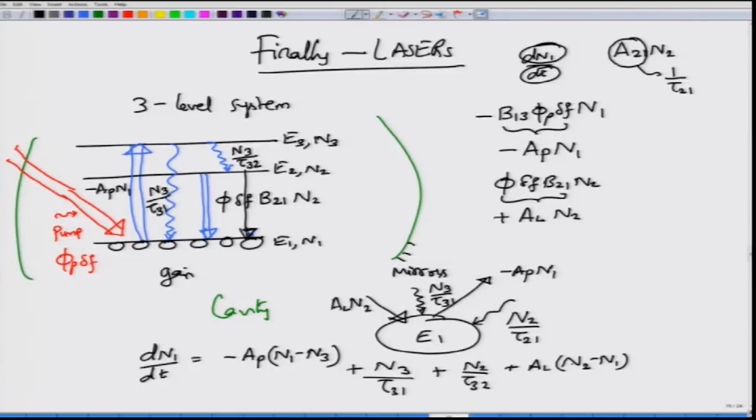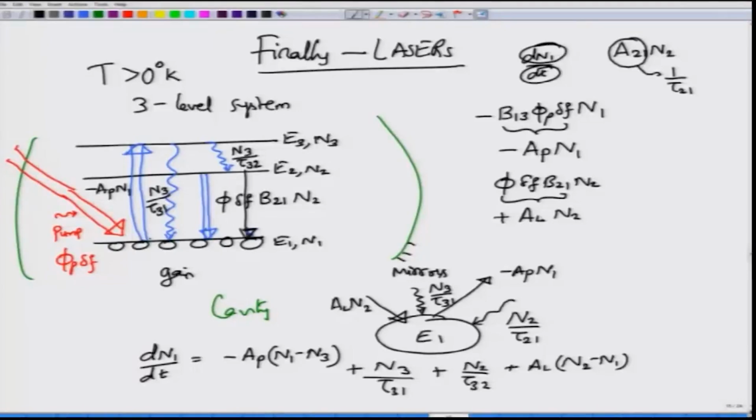The reason why I have written N1 minus N3 is simply because this laser is operated at a temperature greater than 0 degree Kelvin, so there will be thermal energy, and because of thermal energy the initial populations at N3 and N2 are non-zero. You are not interested in the actual populations, but in the population difference that comes about.